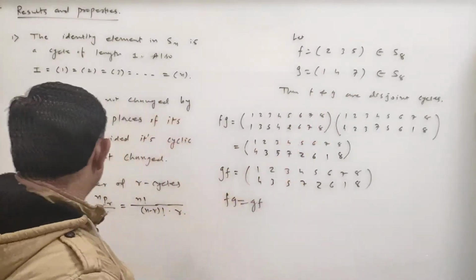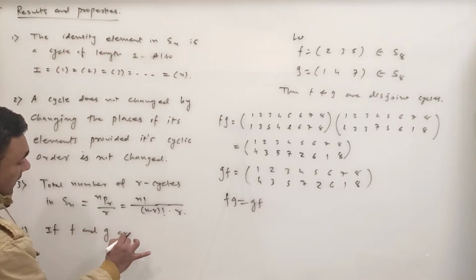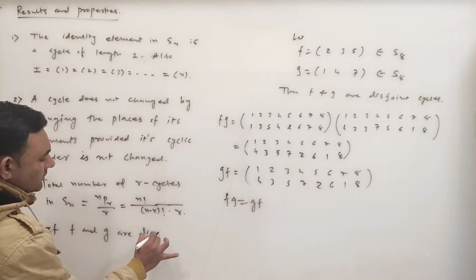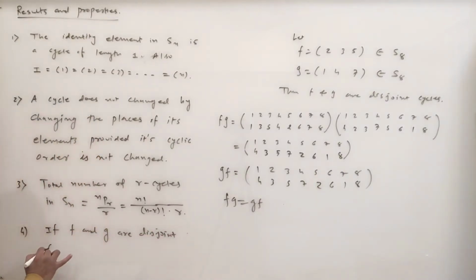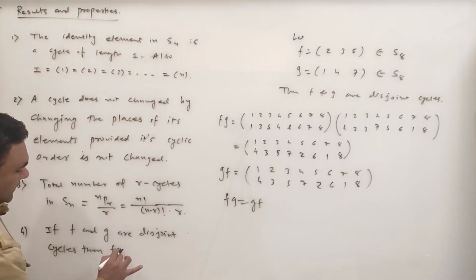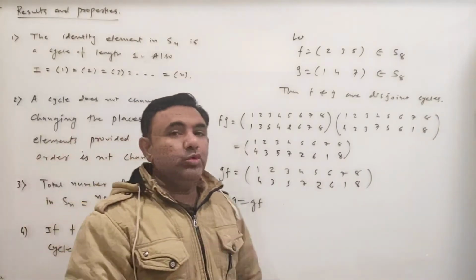So what result do we get from this? So the next result is this one. If F and G are disjoint cycles, then FG is equal to GF. That is, disjoint cycles can commute.